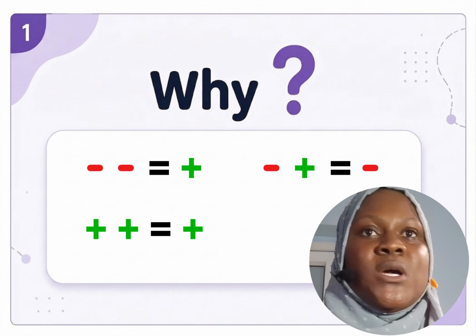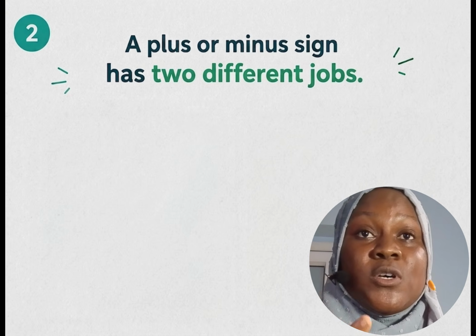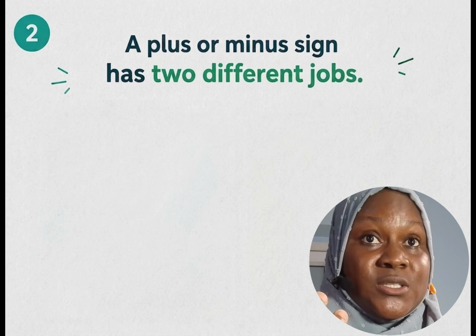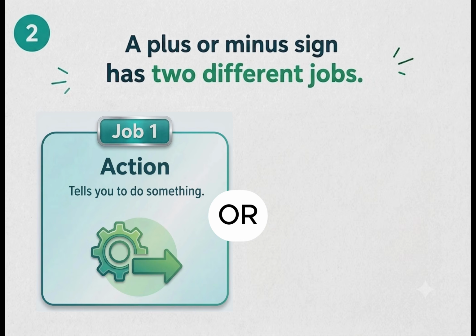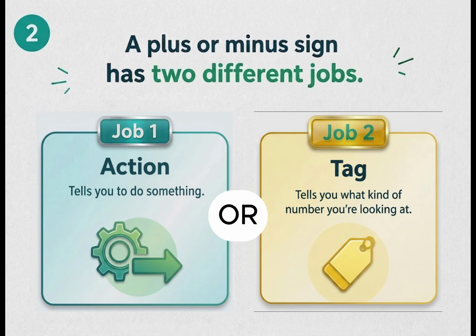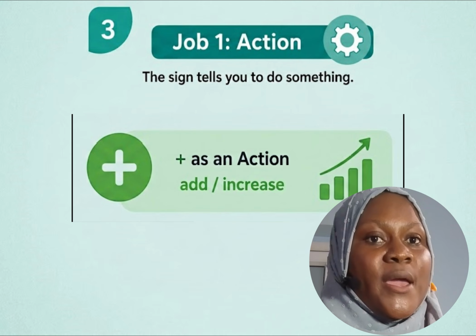You have to know that the plus and minus signs have two different jobs. First, they act as an action, telling you what to do, or a tag, a number tag, telling you what a number is. Now, when they act as an action, the positive sign tells you to add or increase.